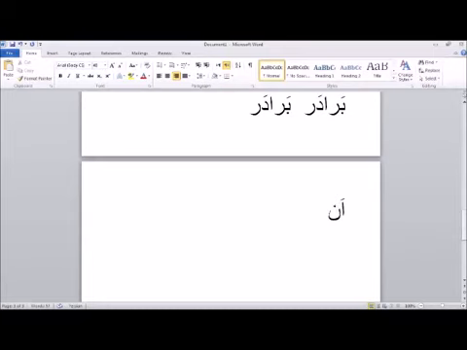Non-connector, I put a n connector, a non-connector, and r. Anor, pomegranate. A, n, a, anor. Again. A, n, a, anor, pomegranate.